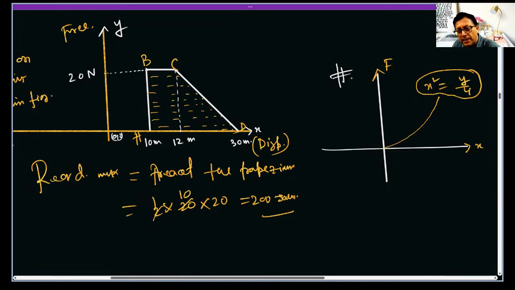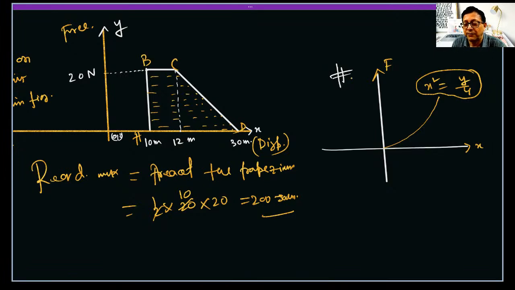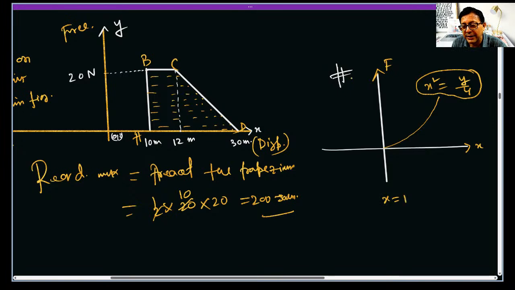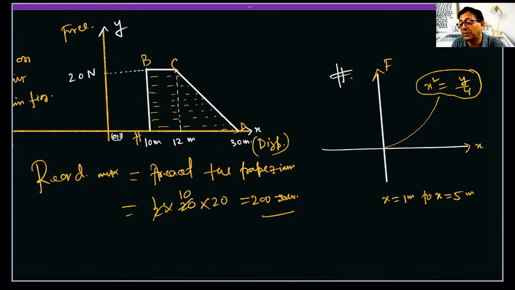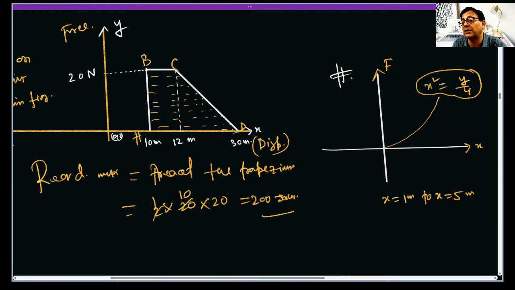Okay? Your problem is to find the work done for the displacement from x equal to 1 to x equal to 5 meter. Okay? Force changing according to this relation, you have to find the work done. You can write, instead of y, along force, no?